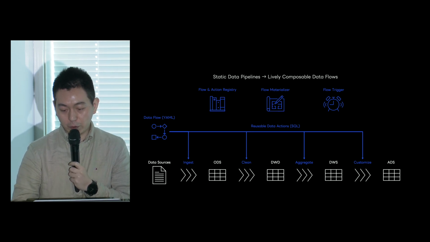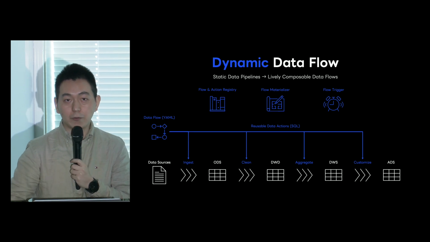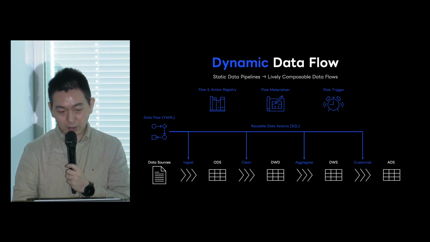And the execution of data flows can be automated and able to adapt to changes when some conditions happen. So we call this dynamic data flow. If we can implement automated data flow, can we move one step further to support autonomous data flow?